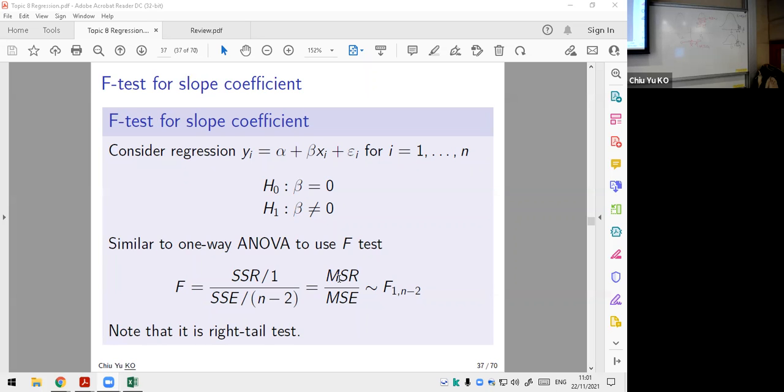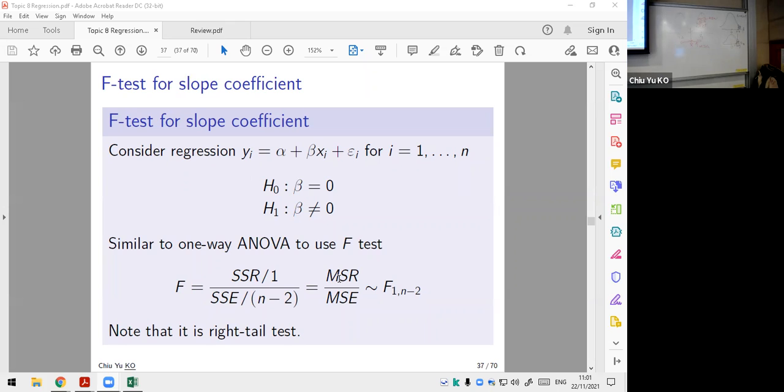If the model can't explain, then your beta will be very close to a flat line. Imagine the real one is very flat, then this guy is very small compared to this. You see the idea here. So I hope I convinced you why you have MSR over MSE and not the other way around.